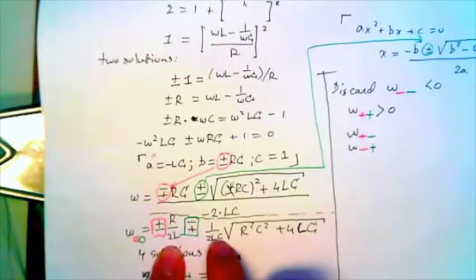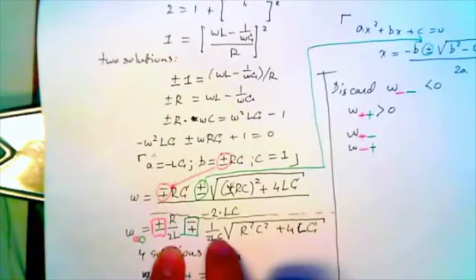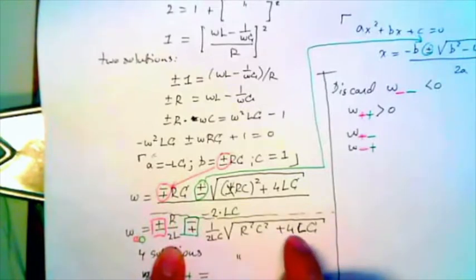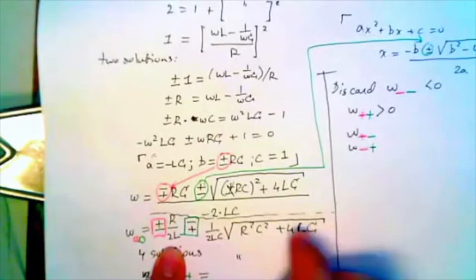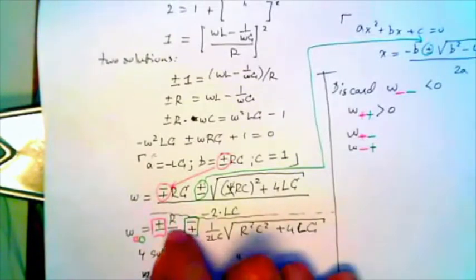So for instance, you can see that there's this c here and there's a c squared there. So we can bring the c into the square root, and then it becomes r squared plus 4l over c. And now the r squared you can factor out, and then you get r over 2l, and then you have a 1 plus something under the square root. And you'll see that this term is bigger than this term.